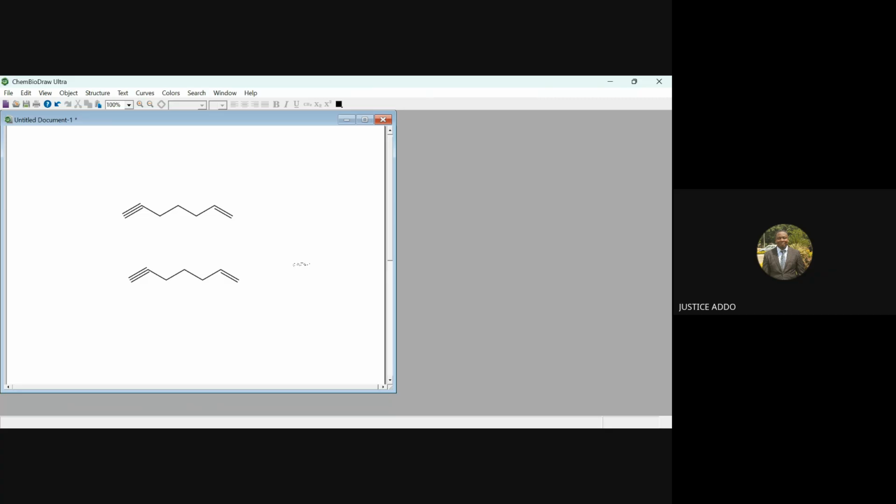Are the two there the same? The structures? Yes, they are the same.